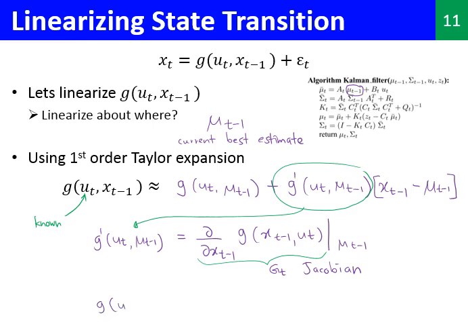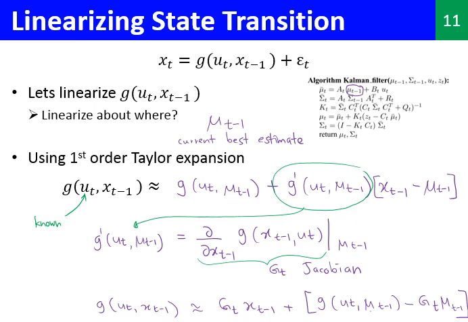So ultimately, using the first order Taylor expansion, the state transition model is linearized to be g ut xt minus 1, which is approximately equal to the Jacobian Gt times x t minus 1 plus the remaining terms, right? g ut mu t minus 1 minus Gt mu t minus 1.